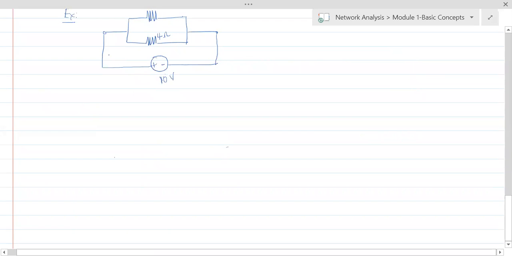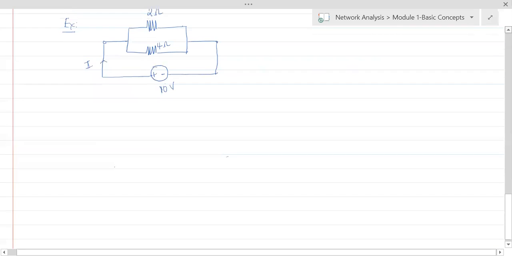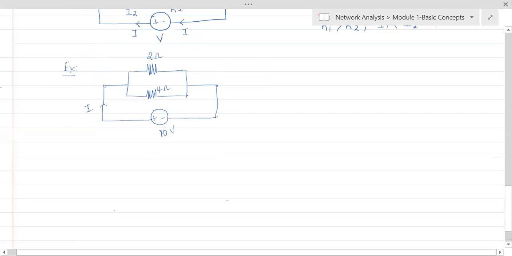The current is flowing here, and what happens to this current? This current should get divided, right? As I told you, after it comes here, it gets divided into two parts. One part goes through the 2 ohms, so I'll call that current I2 ohms.